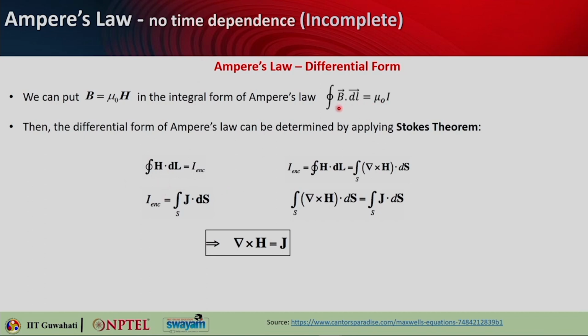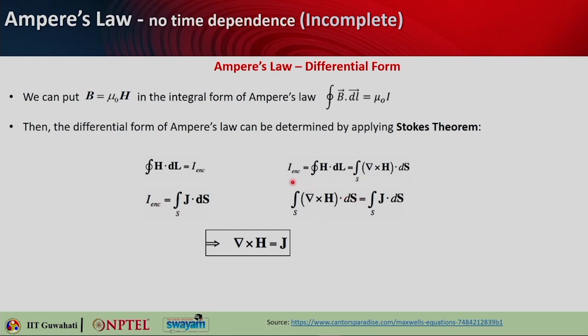If you write B equals mu naught H, you get the line integral of mu naught H dot dl equals mu naught I. So mu naught you can cancel out from both sides. You can simply write that the line integral of H dot dl is nothing but the current enclosed, or simply I. And I can also be written in terms of J, the current density. The density times the area will give you the current.